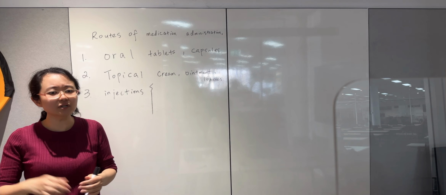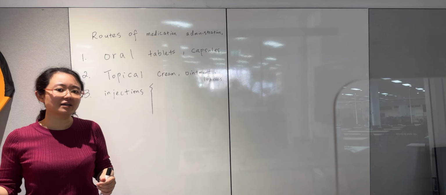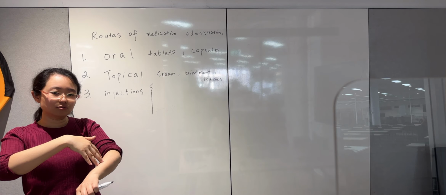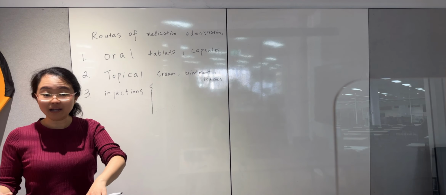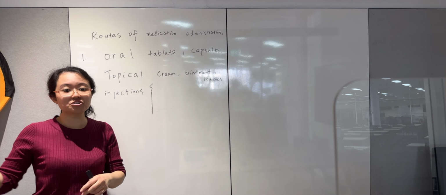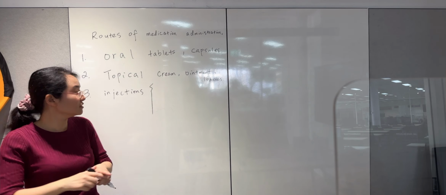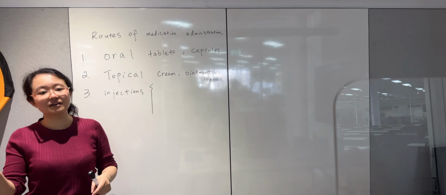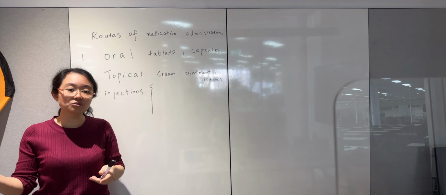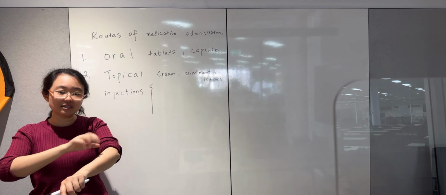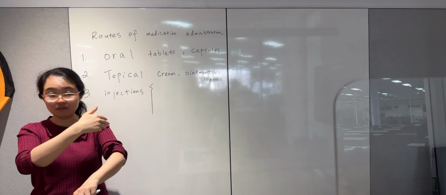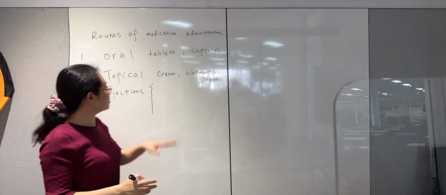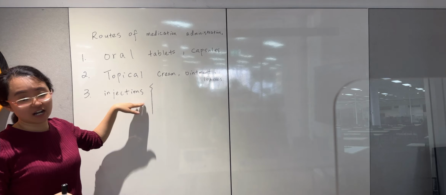Injection means you give the medication by a needle. You use a syringe, and the syringe needs to be attached to a needle. We use that to inject into the patient's body to give the medication. There are different types of injections.